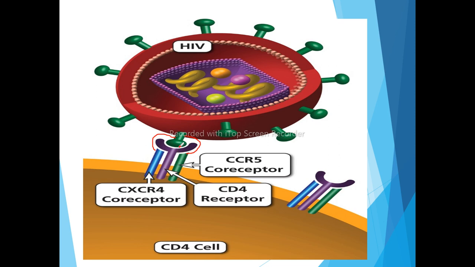So once the virus membrane is put closer, the transmembrane protein, which is GP41, will undergo some change.